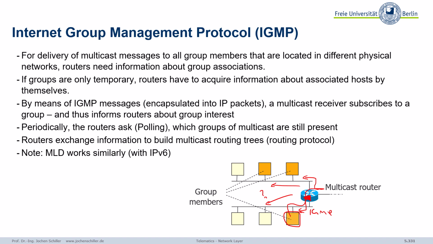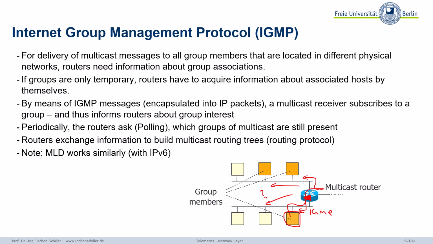So IGMP and MLD work in the local area network, and they are basically protocols that are used for announcing memberships. I want to be a member of a certain multicast group. This is why we use IGMP, not on a global scale. So this only solves the problem for your last router, the router you use to connect to the internet, whether this router should forward multicast traffic into the network or not.